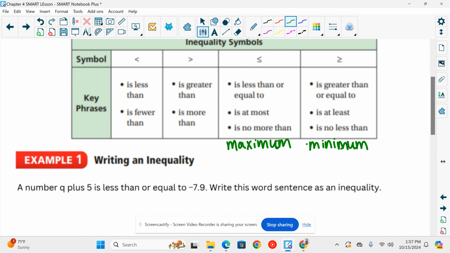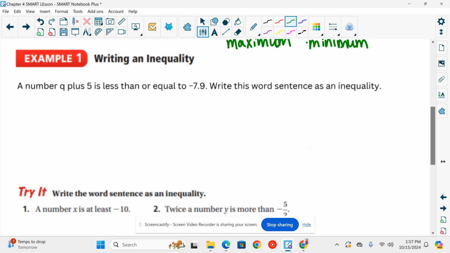Okay? So we can take those key words, identify them in a word sentence, and change it to a number sentence, like here in this example 1. It says a number q plus 5 is less than or equal to -7 and 9/10. Well, wherever I see the word is, my symbol word is going to be attached to it.